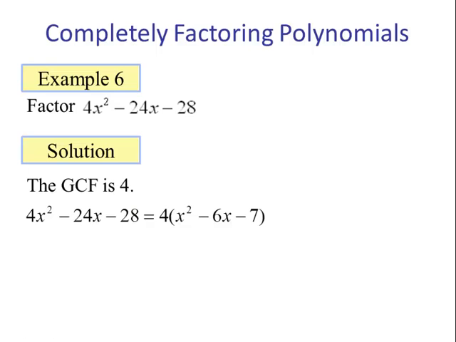Since 7 is prime, it only has two factors, 7 and 1. And since we want negative 6, negative 7 plus 1 is negative 6. So that's our factors. So we have 4 times the quantity x minus 7 times the quantity x plus 1.